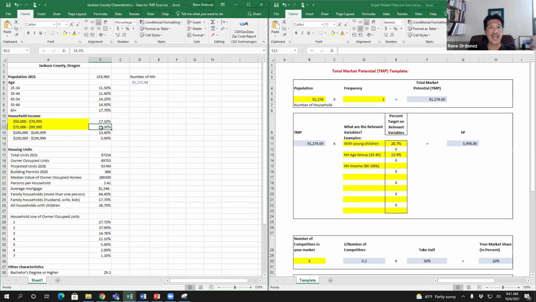So the actual percentage will be 14.30 plus a fraction of that 17.3. So what would you do?